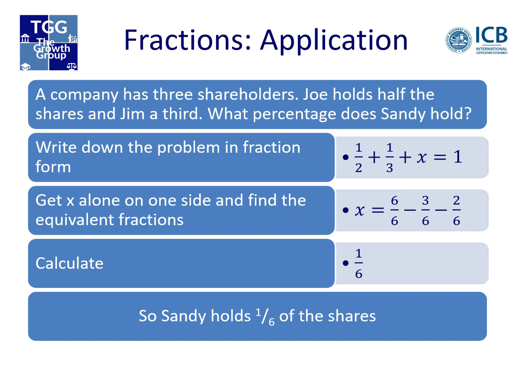So 1, we now write that as 6 over 6, minus half we write as 3 over 6 minus a third we write as 2 over 6, and then when we calculate it we get to 1/6. So Sandy holds 1/6 of the shares. And by the way, this is a question that is common in the tests and the exams.